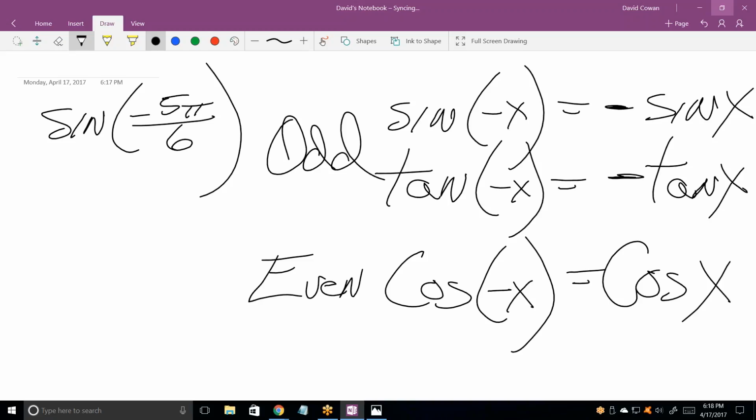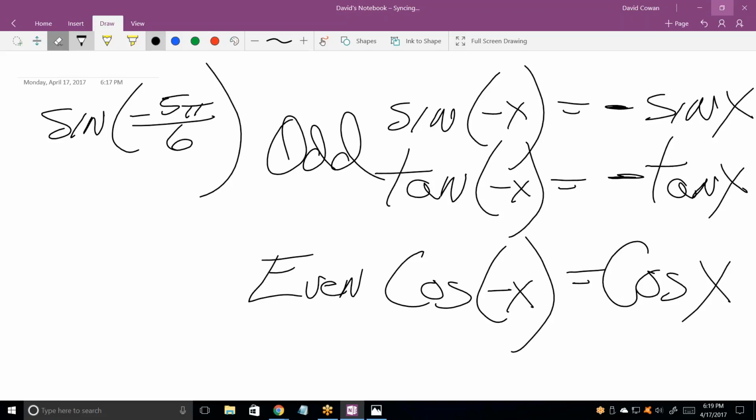So you want to memorize these three. You want to know that sine and tangent are both odd. Therefore, sometimes the easiest thing you can do with a negative angle is to use this principle and turn it into a positive angle. You with me?